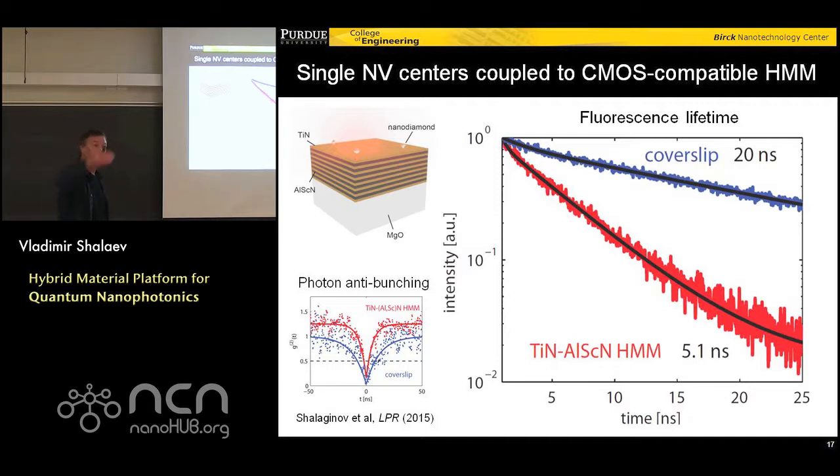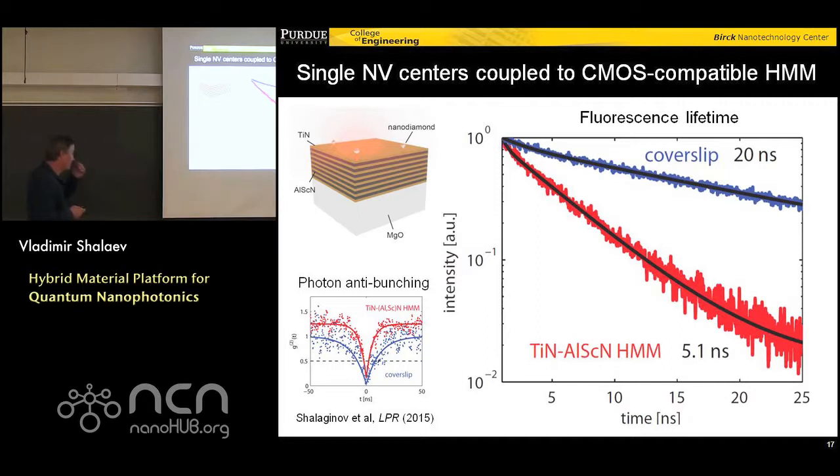Every time you emit a photon, of course, there is relaxation. So the time becomes shorter and shorter when you place your nanodiamond on this hyperbolic metamaterial. And to prove that indeed we have single photons, we measured this correlation function, and it goes well below 0.5, meaning that we do generate single photons.